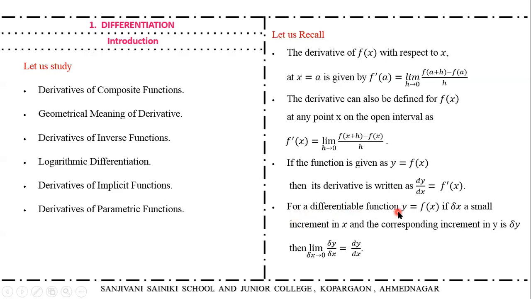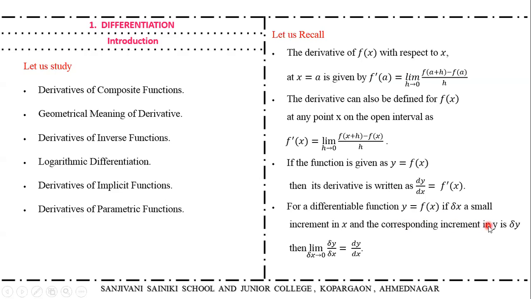For a differentiable function y is equal to f of x, if delta x is a small increment in x. That means there is some increment in the value of x. And how is x increased? It is increased by a small value delta x. It is called increment in x. So as x is increased, y must be increased because y is a function of x.